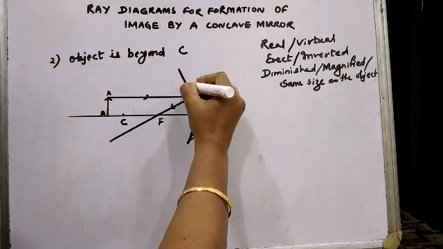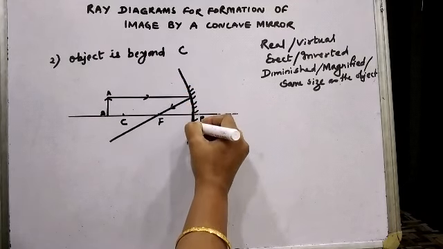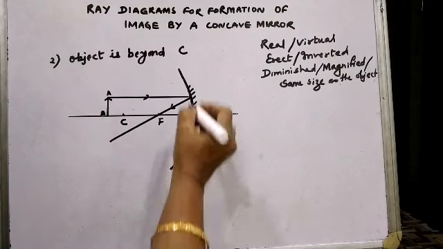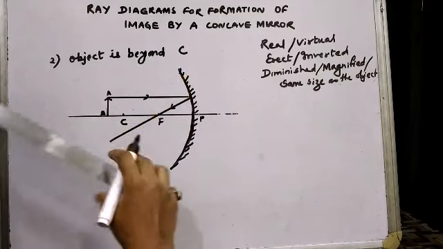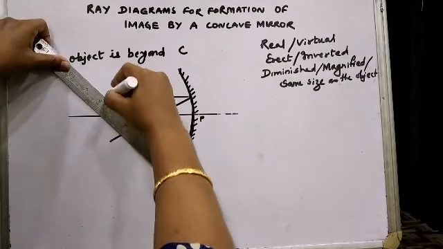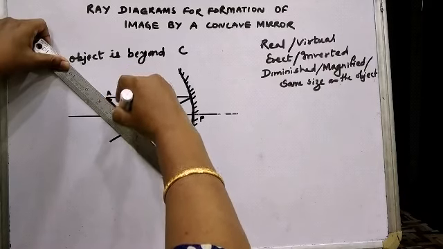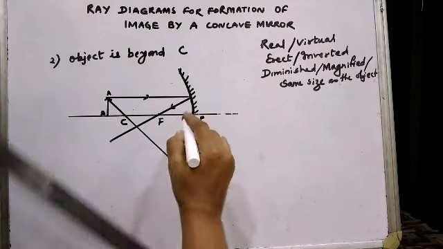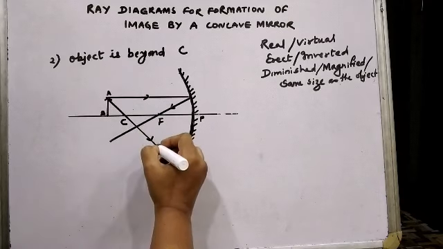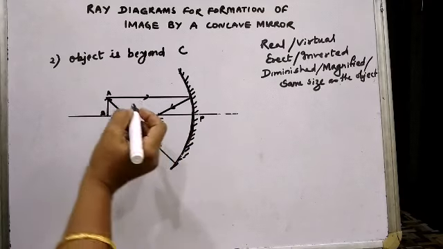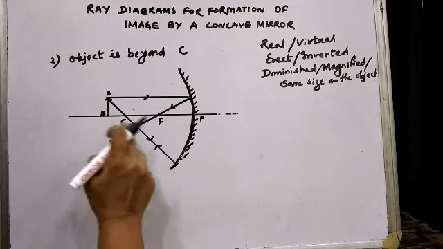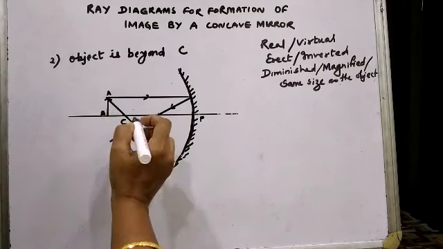So I'm going to draw a little bit bigger mirror because the mirror is small. Okay, so if the incident ray starts from point A and it passes through the center of curvature of the mirror, then we find that the reflected ray will take back the same path. Now see, this is your incident ray, this is the reflected ray, this is the incident ray, this is the reflected ray.